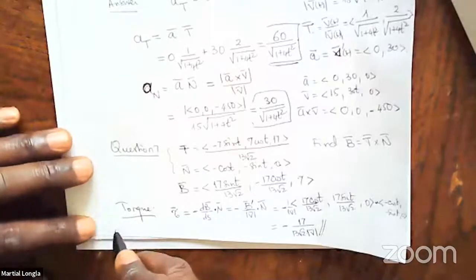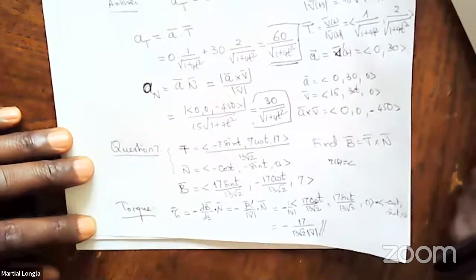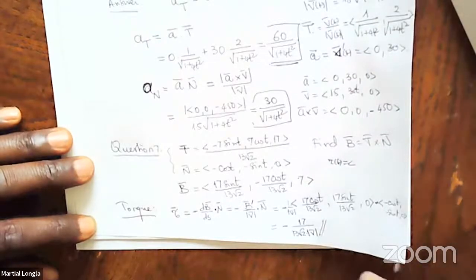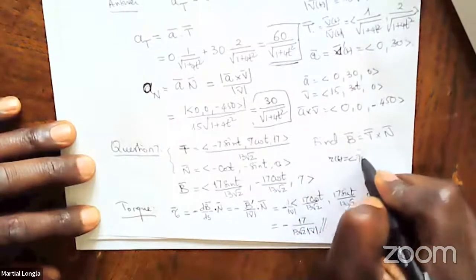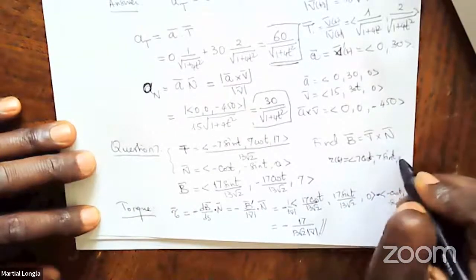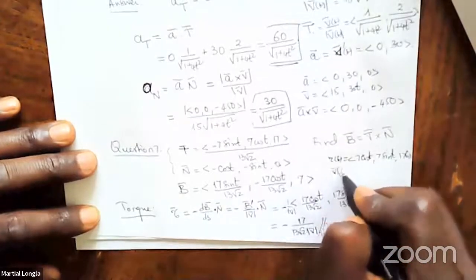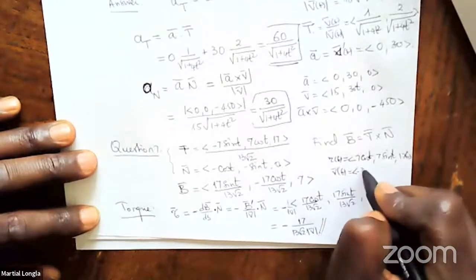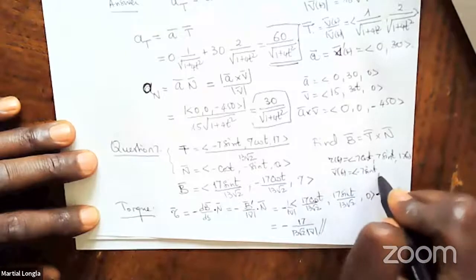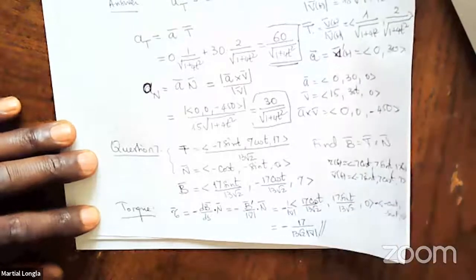So here in this problem, you have r of t equals 7 cosine t, 7 sine t, 17t. So v of t is negative 7 sine t, 7 cosine t, and 17.